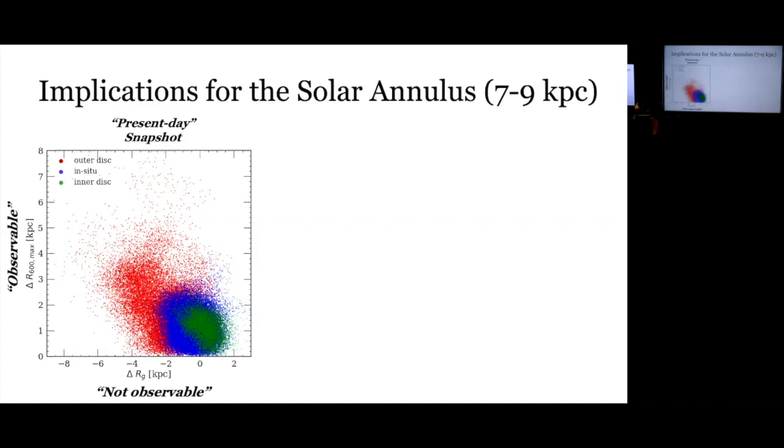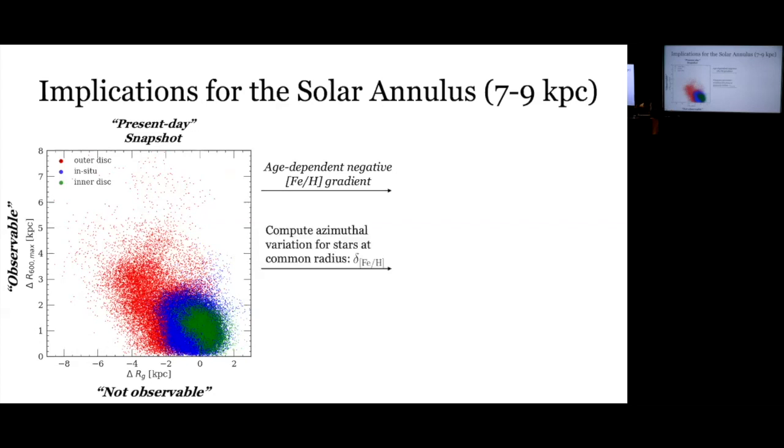To get there, the first step we took was to impose an age-dependent negative metallicity gradient, which just means that as we're selecting these circular orbits throughout the history of the simulation, we apply a metallicity to them that changes with time. Once we have that, we can also compute azimuthal variations for stars at a common radius.